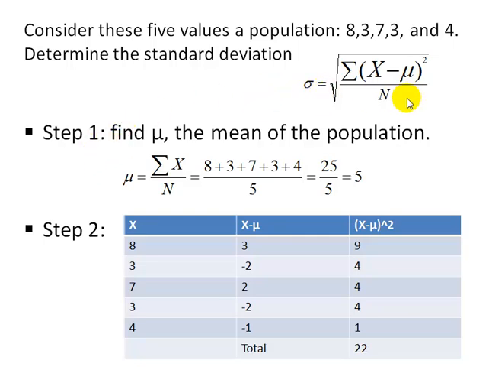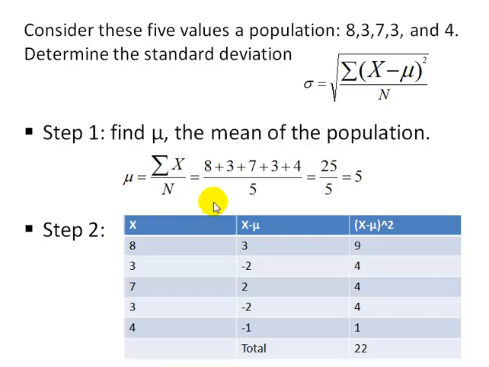First step, let's find the mu, the mean of the population. So mu equals sigma x divided by n, which means we add all the values up: 8 plus 3 plus 7 plus 3 plus 4, then divide by the number of values, 5. That's 25 divided by 5, equal to 5. So the mean for this population is 5.